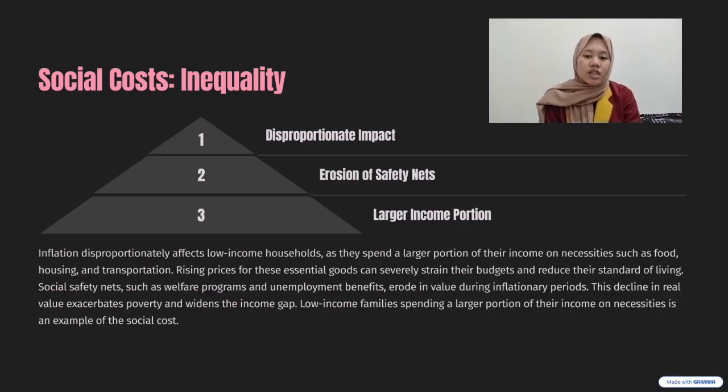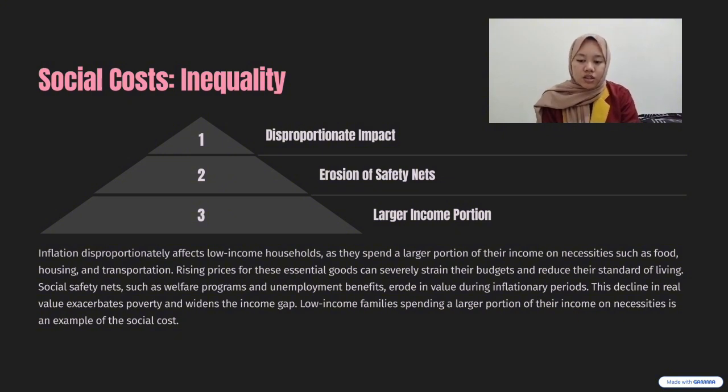Social cost: inequality. 1. Disproportionate impact. 2. Erosion of safety nets. 3. Large income gap.